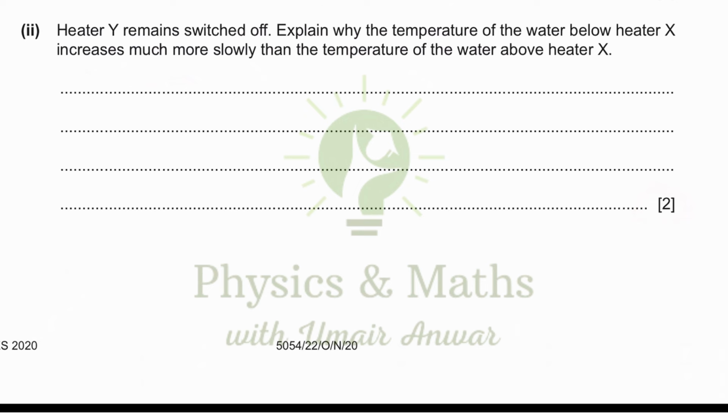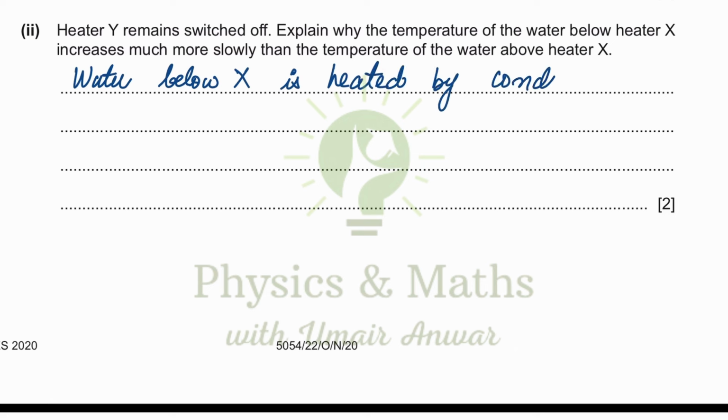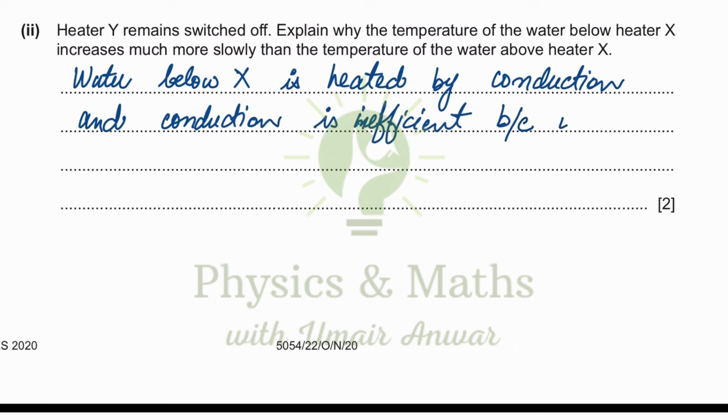So the first thing, water below X is heated by conduction. There is no convection current established here. And conduction is inefficient because water is a poor conductor.